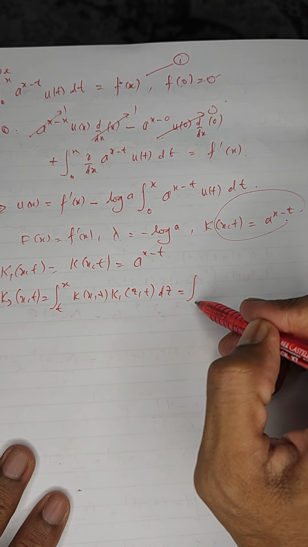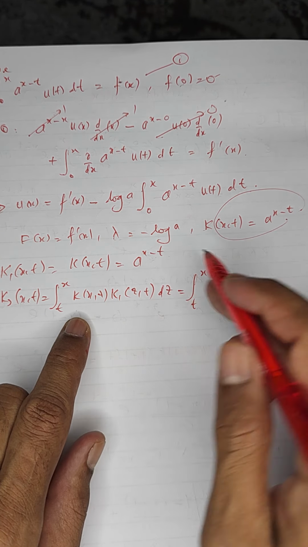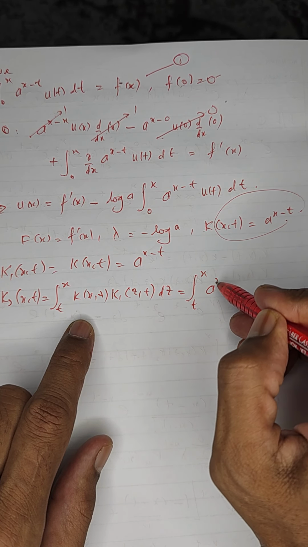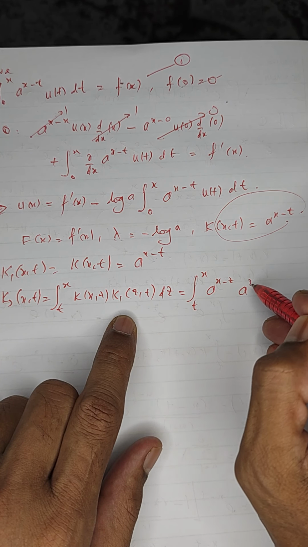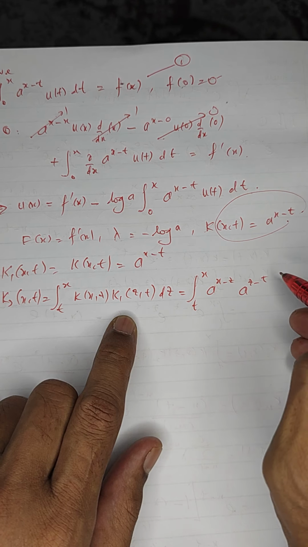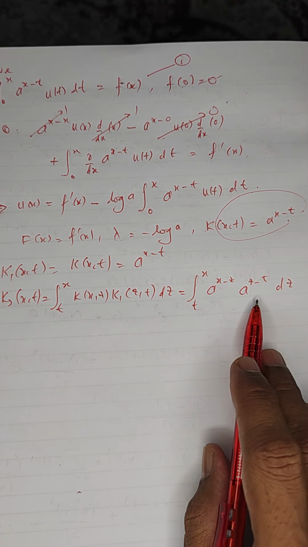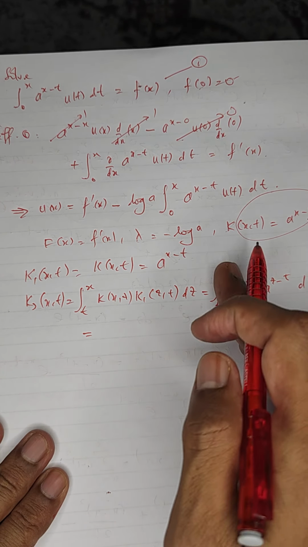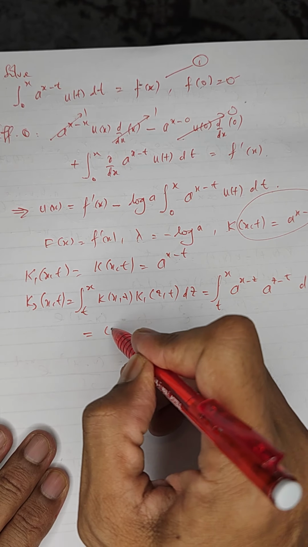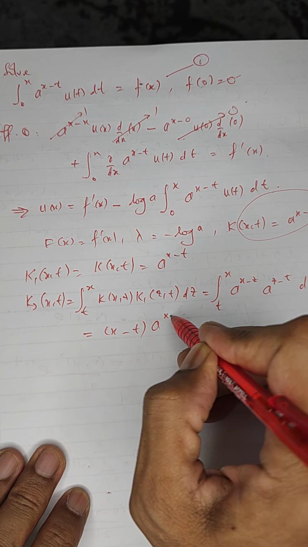So integrate this from t to x, where k(x,z) is a^(x-z) and k1(z,t) is a^(z-t), dz. If you integrate this, you get z minus t, so x minus t, and you have (x-t) a^(x-t).